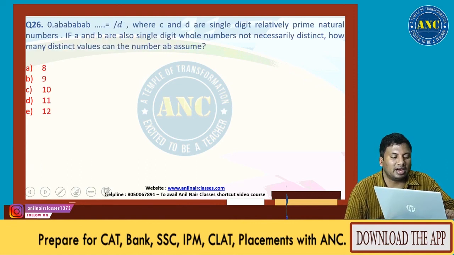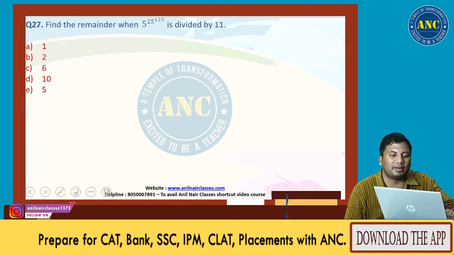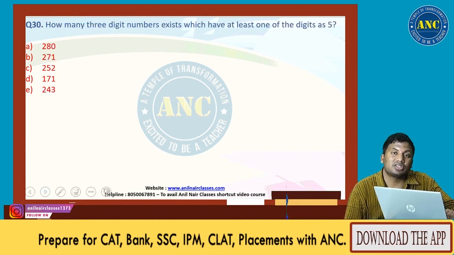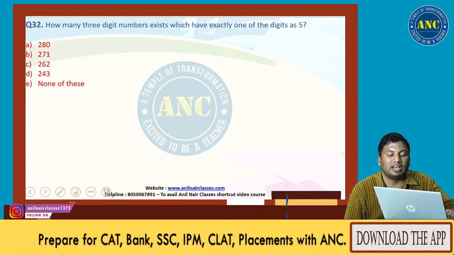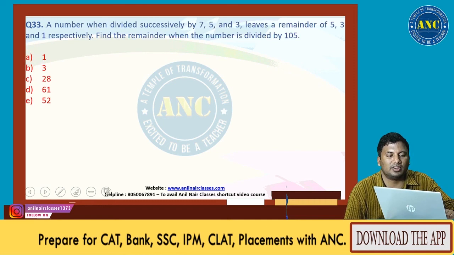Next one, recurring decimal concept, divided by prime number concept, highest power concept, determining 2 power 96 by 97 is 1, 2 power 48 square will become plus 1 or minus 1, at least 1 is nothing but total minus none. Neither of the numbers should be a multiple, only one case, exactly one, this also we did.